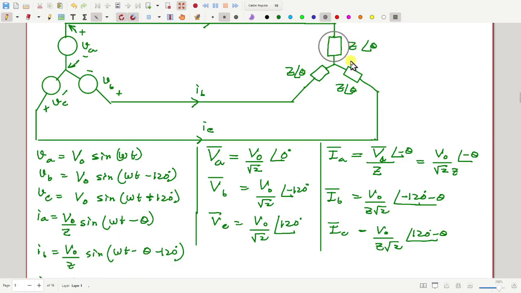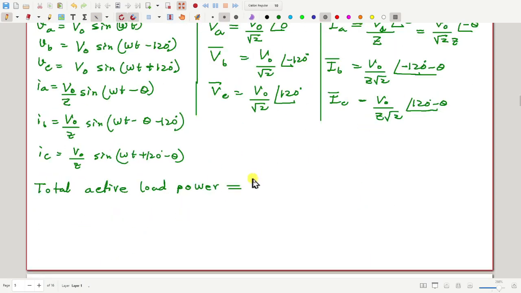First this load, how much is the power consumed by this? VRMS, IRMS cos theta. How much is VRMS? V naught by root 2.